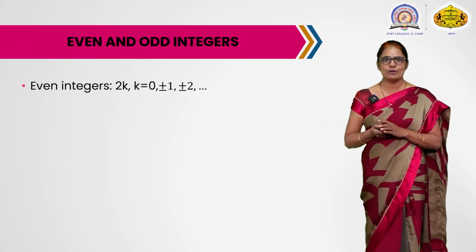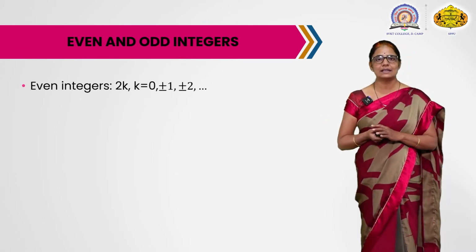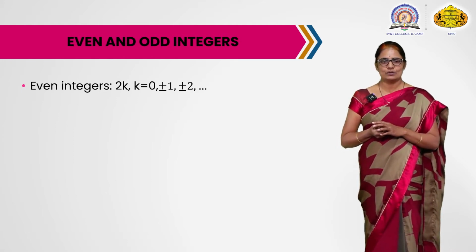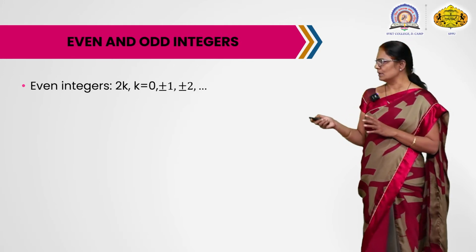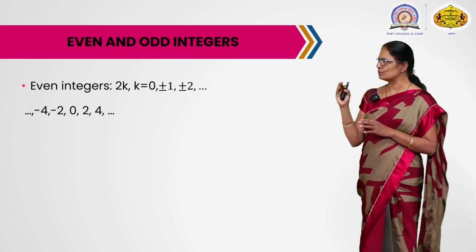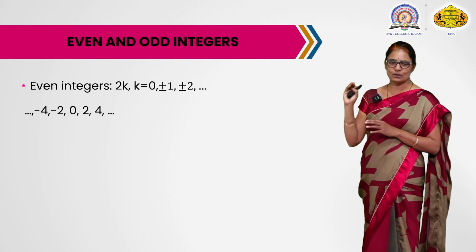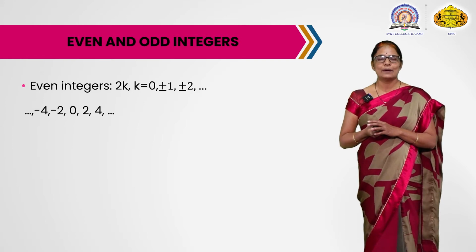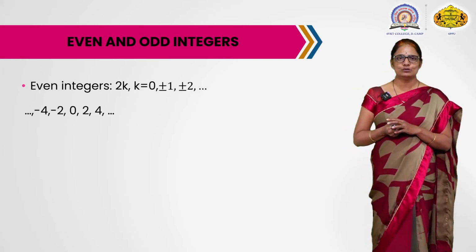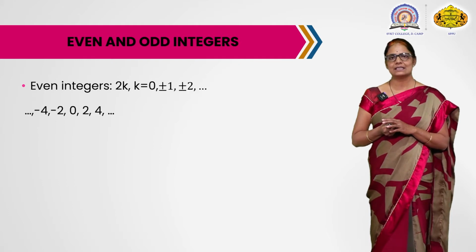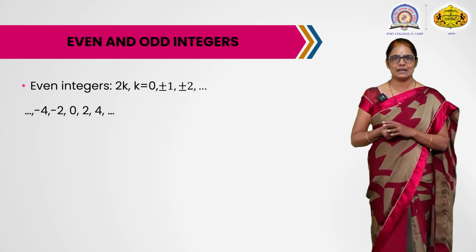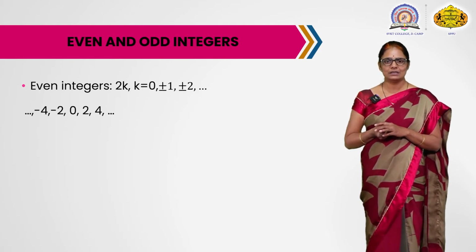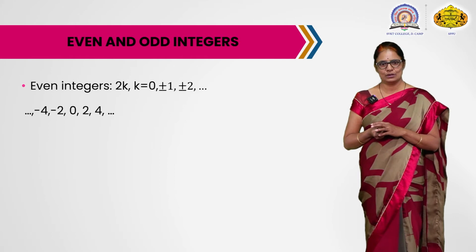Now before going to the general formula for the median, let us see what is meant by even and odd numbers. All of you know that the numbers -4, -2, 0, 2, 4 and so on are known as the even integers. Any integer which can be written in the form 2k, where k is an integer, that is k is 0, plus minus 1, plus minus 2, is said to be an even integer, otherwise it is said to be an odd integer.